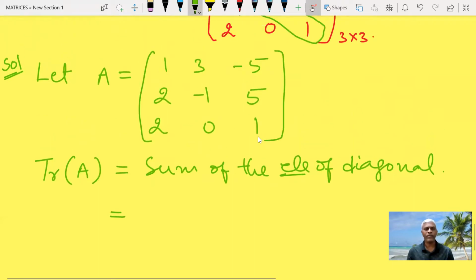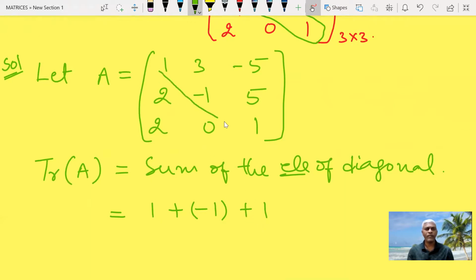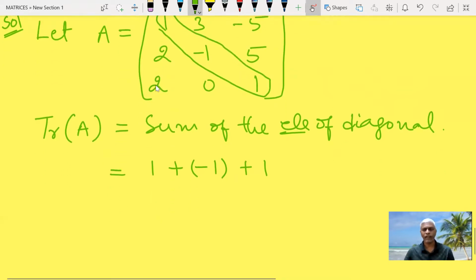1, minus 1, 1. So the sum of these three elements, 1, minus 1 and 1. There are three elements in the principal diagonal. So the sum of all these three elements is the trace.